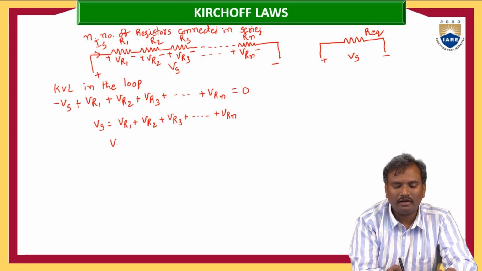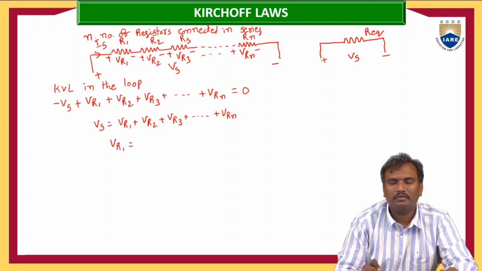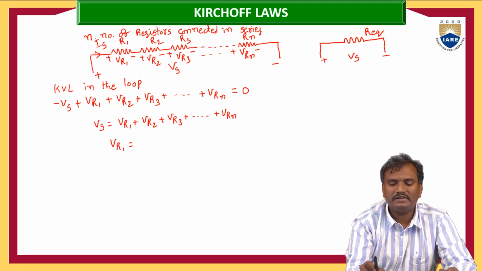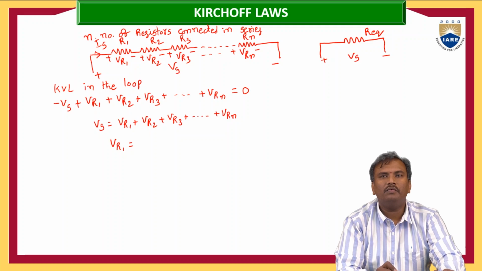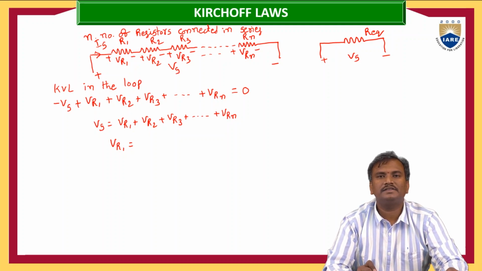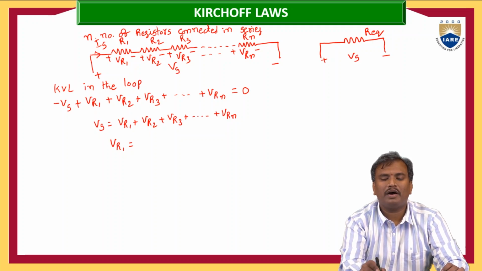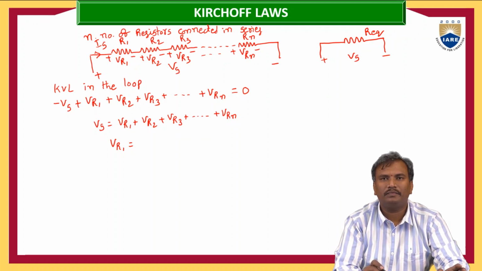Now VR1 is equal to, here these elements are connected in series. When the resistors or any other elements are connected in series, the current will be same in all the elements. Current is same in all the elements because there is no other path for the current to flow.